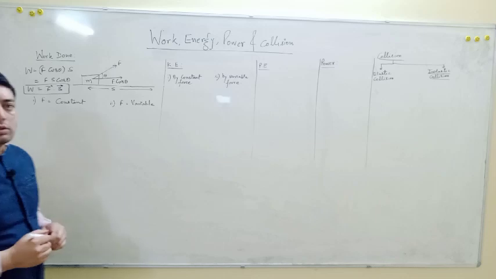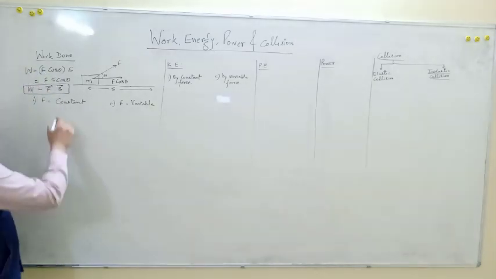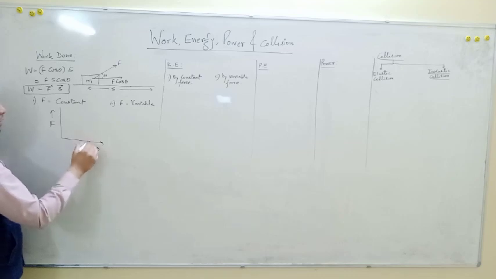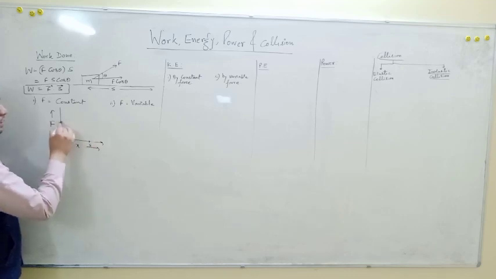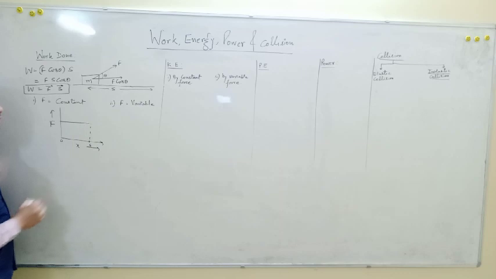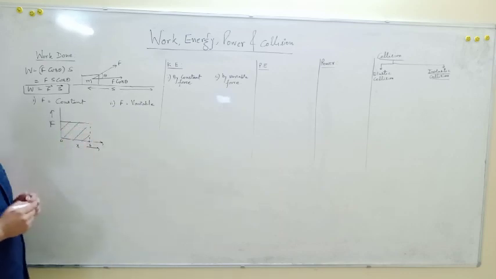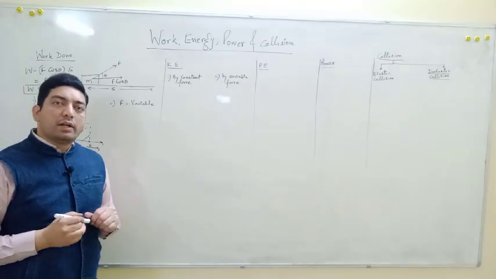So if you are applying a constant force, then the graph between force and displacement will be something like this. And here for displacement S, let us suppose this is the force which is constant in nature. Then we can see that area under force displacement graph gives us work done.